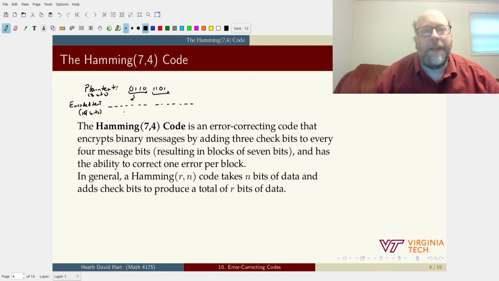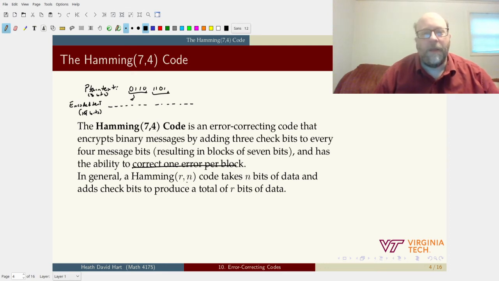So this is not an encryption scheme yet, but we are adding some error correction features in here. As a result of these 3 check bits, we're able to correct 1 error per block. And so in an 8-bit byte, we could correct a total of 2 errors, 1 error in the first 4 bits and 1 error in the second 4 bits.